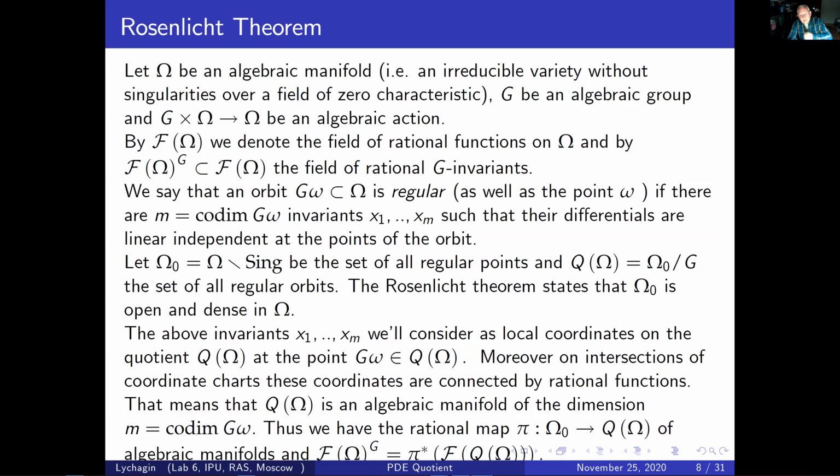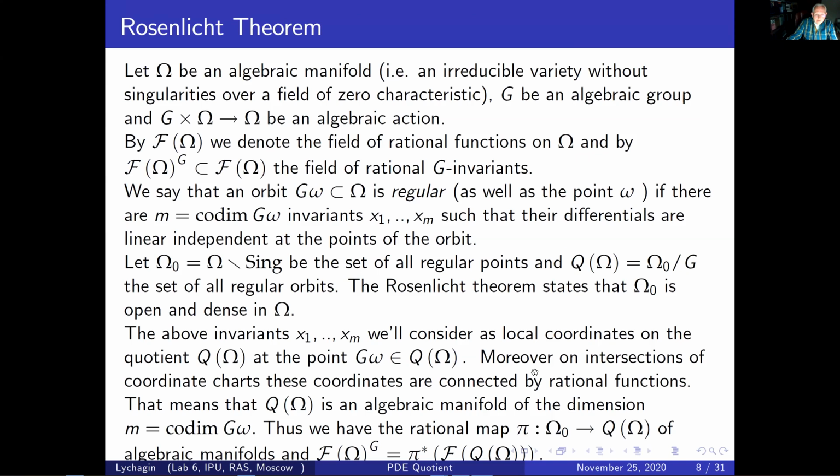But this is the main point in Rosen's theorem. He states that this omega 0 is open, which is more or less obvious, and the more important part is that it is dense. So it means that we can remove some number of bad or singular points from our manifold, and the quotient will be once more an algebraic manifold.